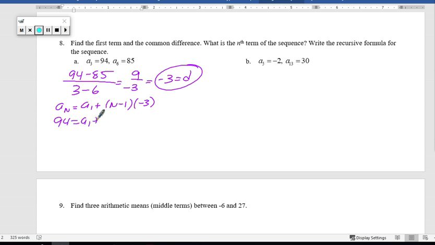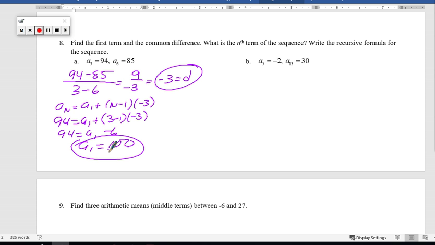That's what we're looking for. I do know the n is 3 in this case, times minus 3. And we wind up with 94 is equal to A sub 1 minus 6. And I finally figure out that my first term is 100. So we found the two things that we wanted, our A sub 1 and our common difference as well.